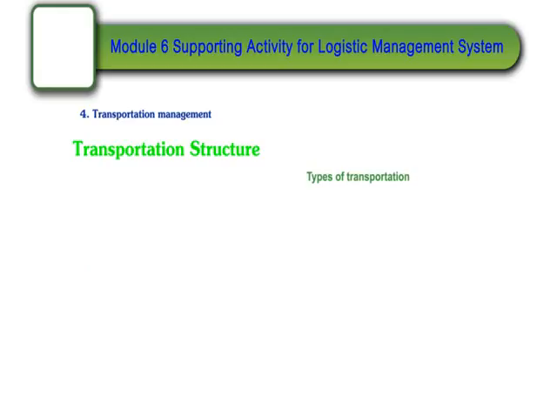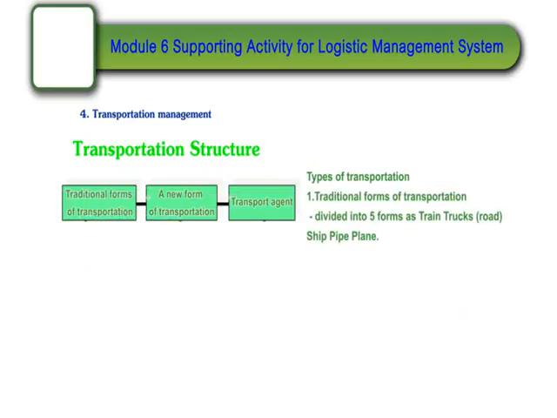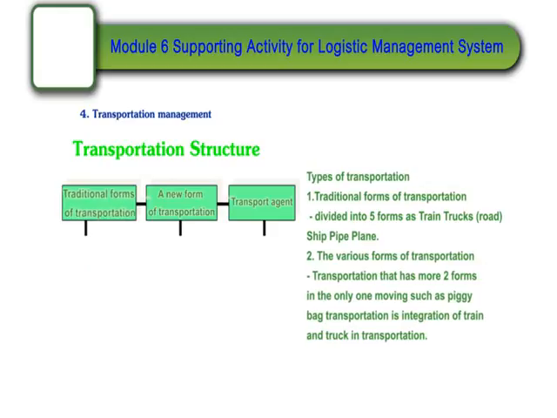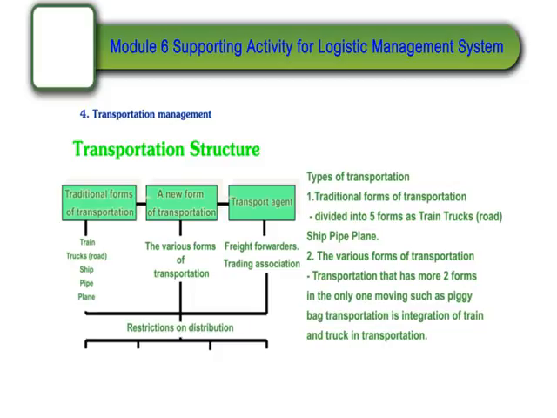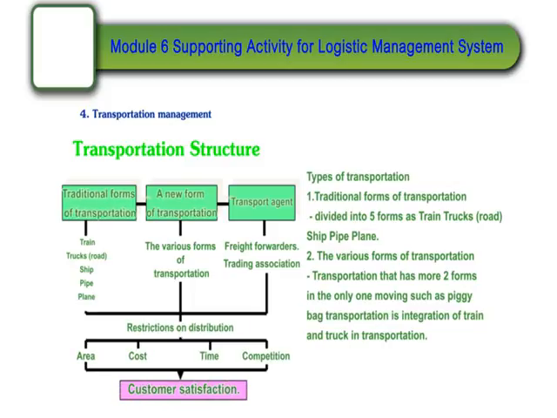Types of transportation. Number 1, traditional forms of transportation, divided into 5 forms: train, trucks, ships, pipes, or planes. Number 2, the various forms of transportation.